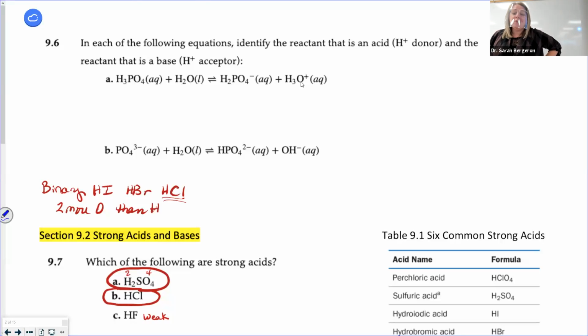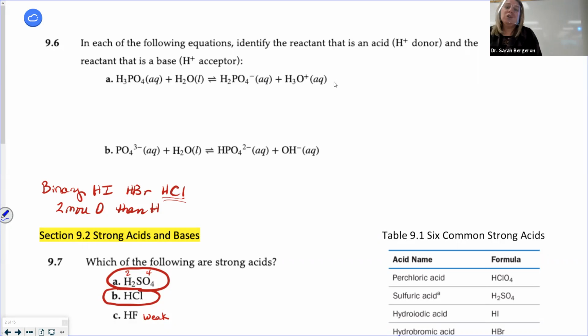So they very nicely wrote this equation for us. So we have H3PO4. We're going to react it with water. We're going to make H2PO4 minus, right? We lost a hydrogen here, so it becomes negative. And then we have H3O plus.